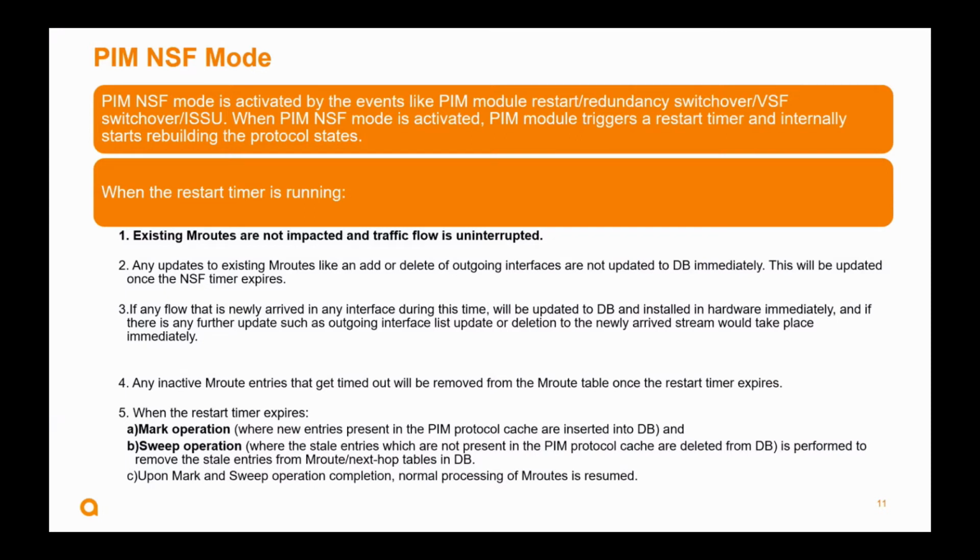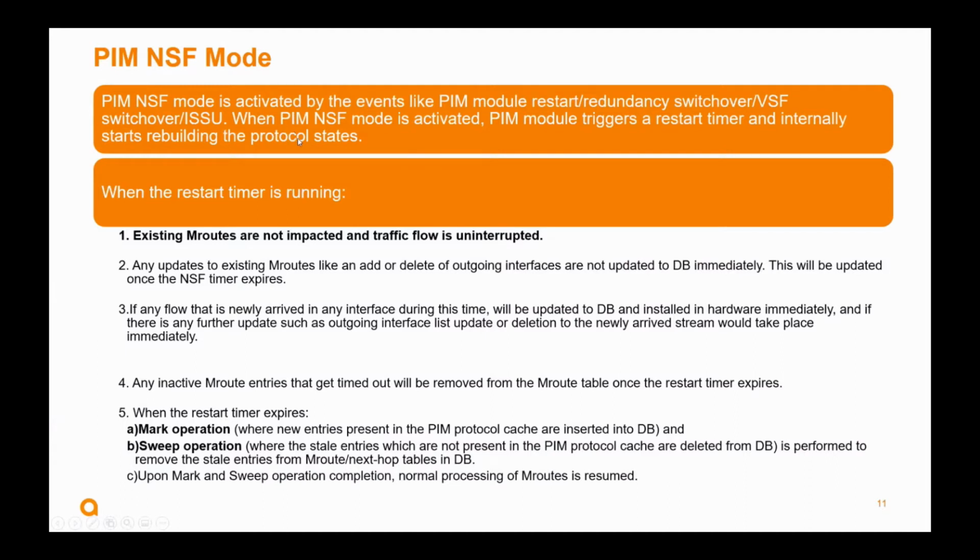Details and caveats. PIM nonstop forwarding mode is activated by the events we mentioned: the PIM module or daemon restart, the management module redundancy on a 6400 series or 8400, the VSF with stacking, or with our in-service software upgrade.